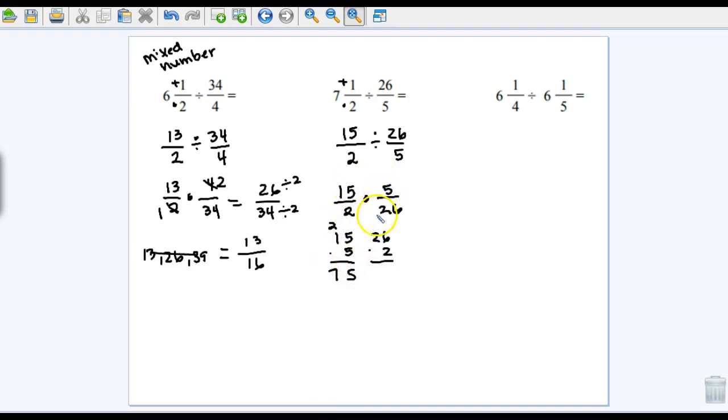So 15 times 5 is going to give me 75 over 26 times 2. 6 times 2 is 12, carry my 1, 2 times 2 is 4, plus 1 is 5. So my denominator is going to be 52, which gives me my new answer. These can't divide by 2. They don't divide by 5. So this is going to be our answer.